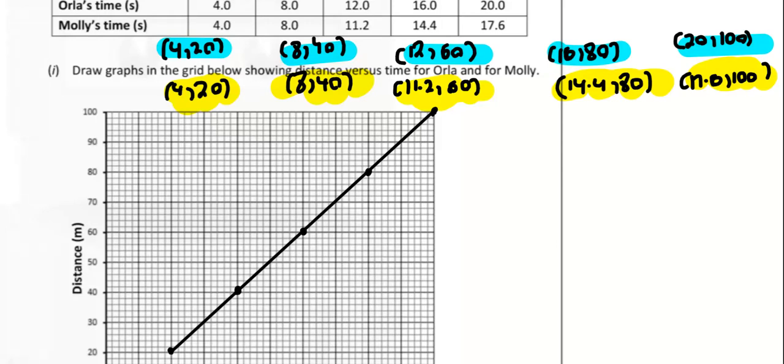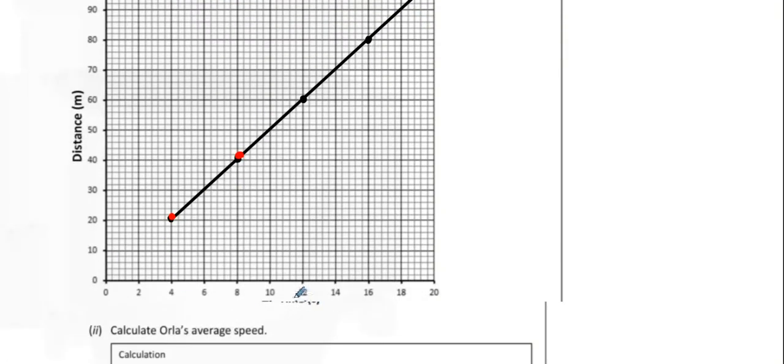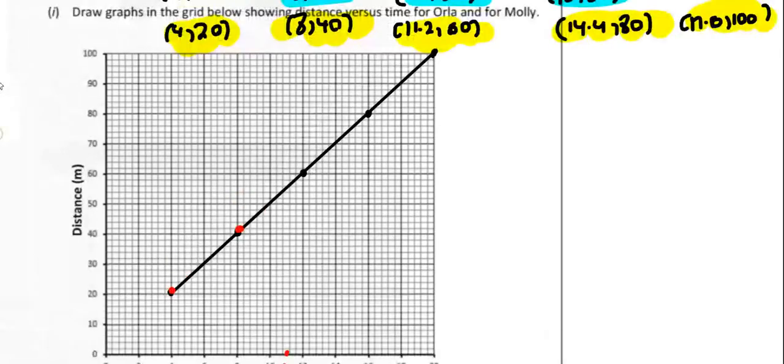Molly's graph, and I'm going to use red lines for this one. They have the same first 2 points, so Molly is the same as Orla for the first 2, and then it varies after that. So it's 11.2 seconds. Now, how am I going to do 11.2 seconds? Well, halfway between 10 and 12 is 11, and then a small bit above 11, so I'm just going to roughly do that. 11.2 is pretty difficult to pull off.